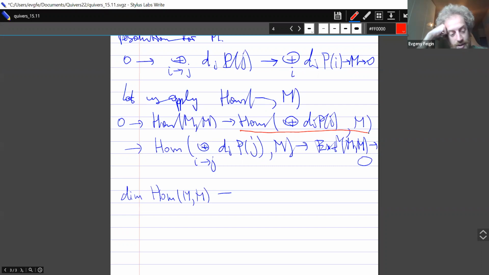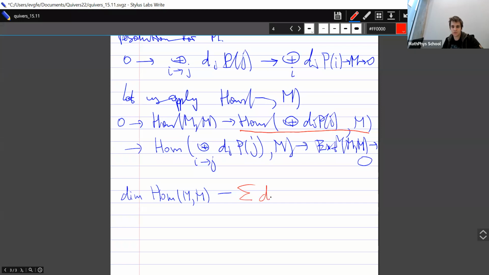So what is that? Such homomorphisms are defined by the images of, I don't know how to call these vectors, the generators of P of i. And there are D_i generators at each vertex. For each of them we have D_i coordinates. So this is D_i squared in each vertex.